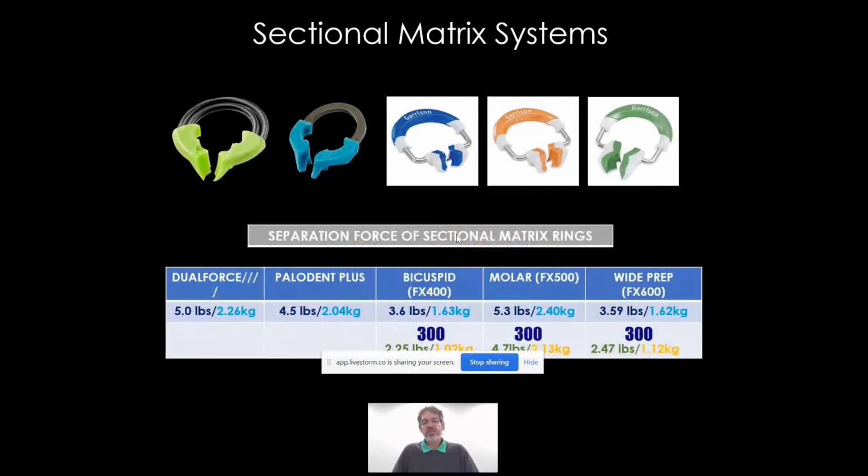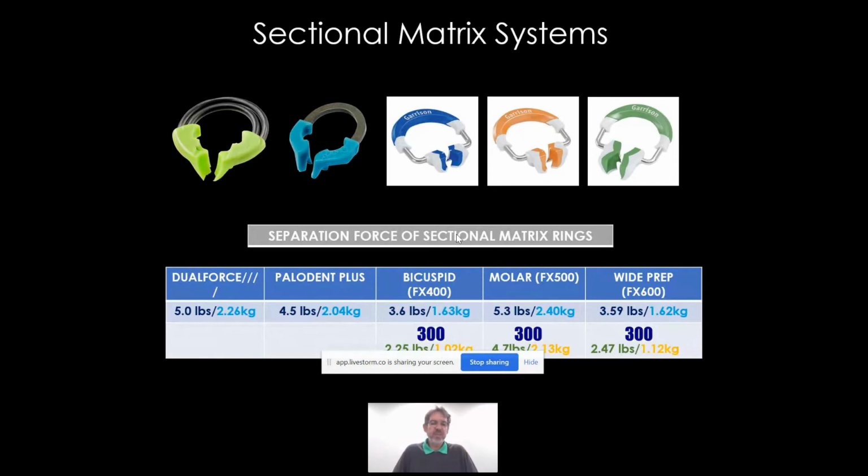When we look at the separation force of these rings, they are all fairly similar, but here's the difference: the Paladent and the Garrison systems rely entirely on their rings for their separation force. So they get in, you know, about 4.5 to 5 pounds is kind of where they're coming in at.